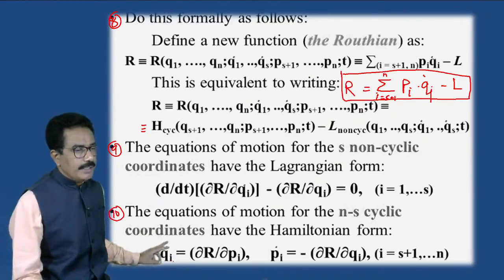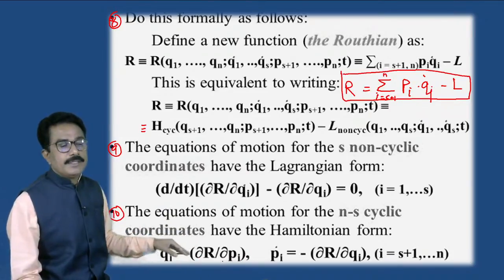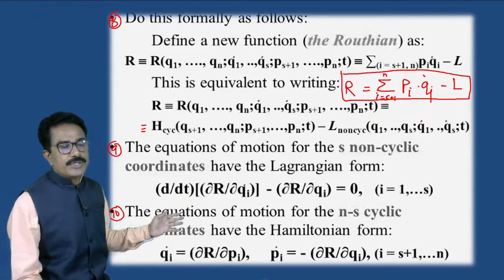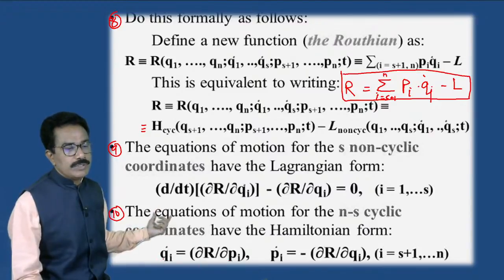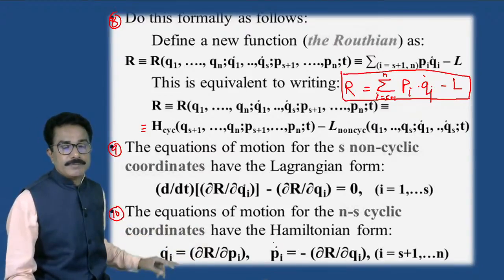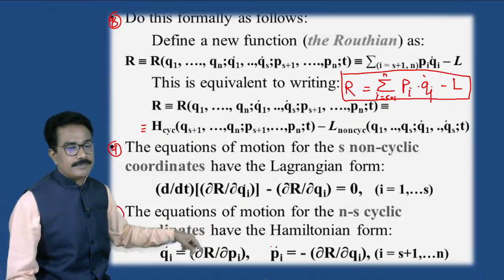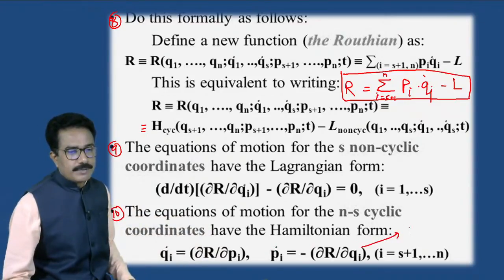We can write qi dot equals dou R upon dou pi. There we wrote dou H by dou pj equals qj dot. Similarly the second equation is dou H by dou qj equals minus pj dot, which is in this form here.